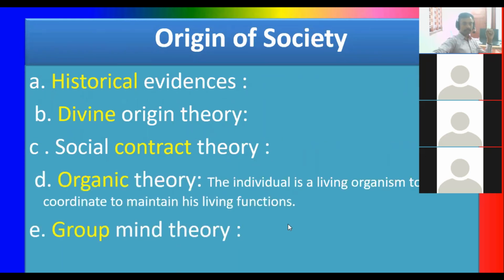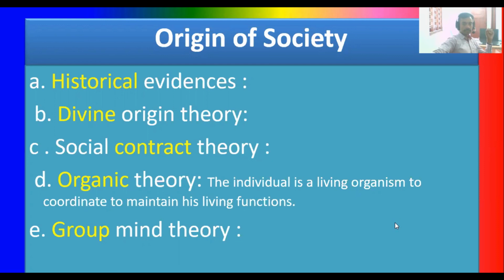Next, organic theory: the individual is a living organism, coordinating to maintain his living functions. E. Group mind theory. This is a psychological theory. Every individual has a mind, a group mind. No man would live alone. That mind creates the society.